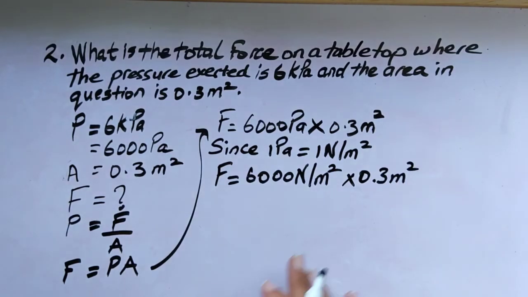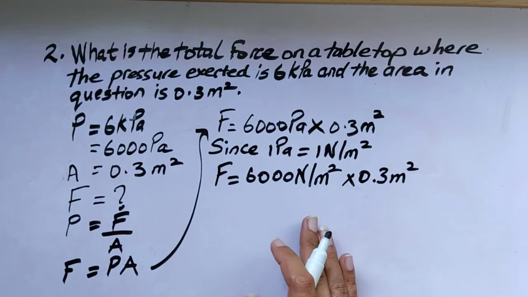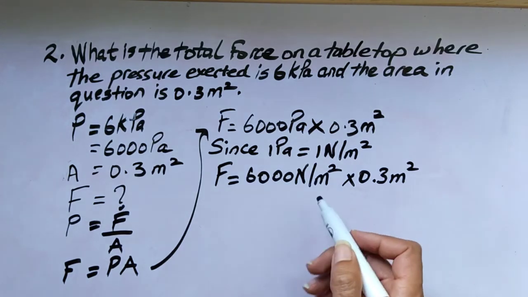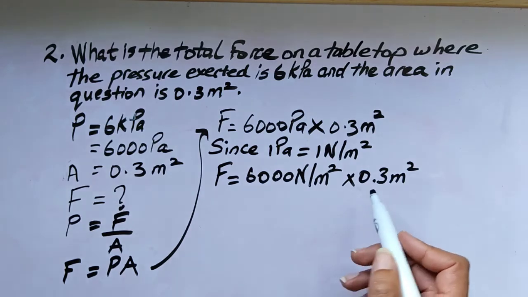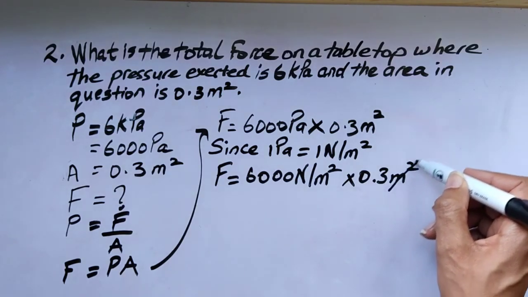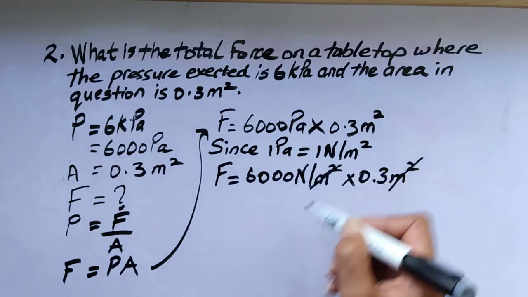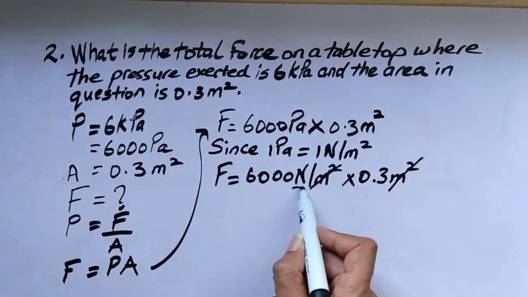Now we look to the units first, as with all calculations, to ensure that our units work. We can cancel this meter squared with the per meter squared, and we'll be left with the newton.